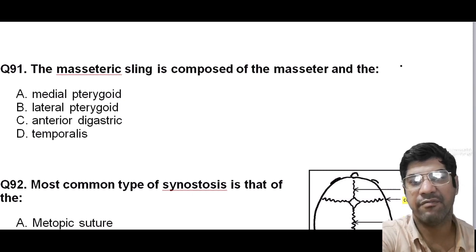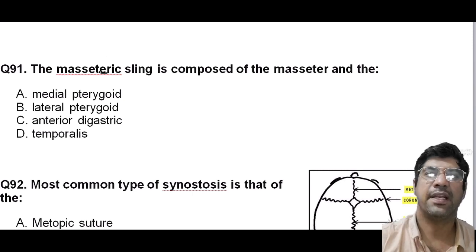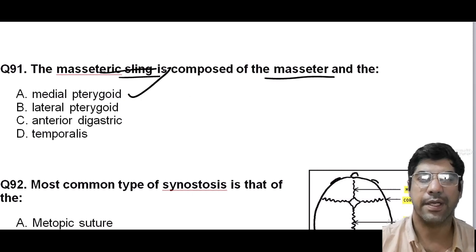On the lateral surface of the mandible we find the masseter, and on the medial surface the medial pterygoid.